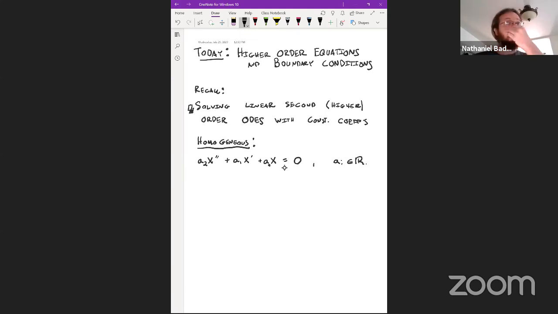Then what we saw was that we can rewrite this as a system of equations, and that means that we know exactly what the solutions are.